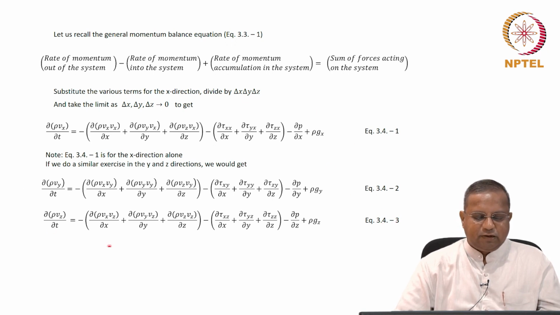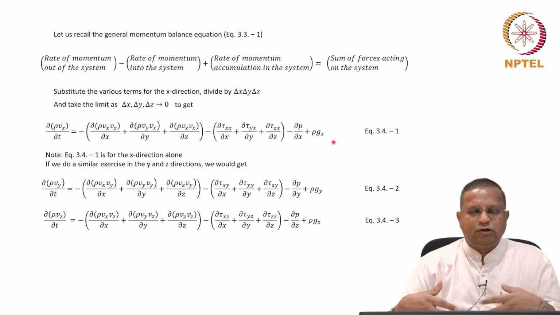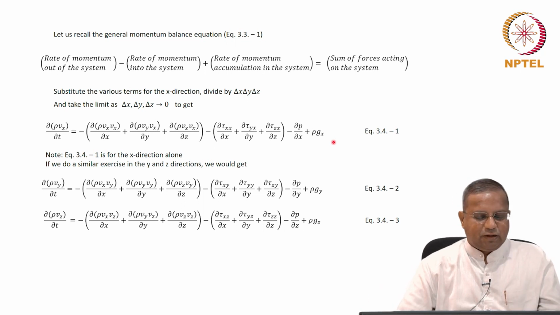So all these three equations put together are the overall momentum balance equation of motion, or you can call them equations of motion in these various directions, right? This is the equation of motion.